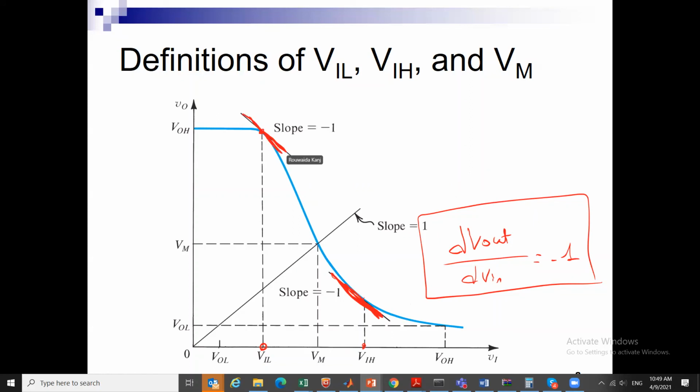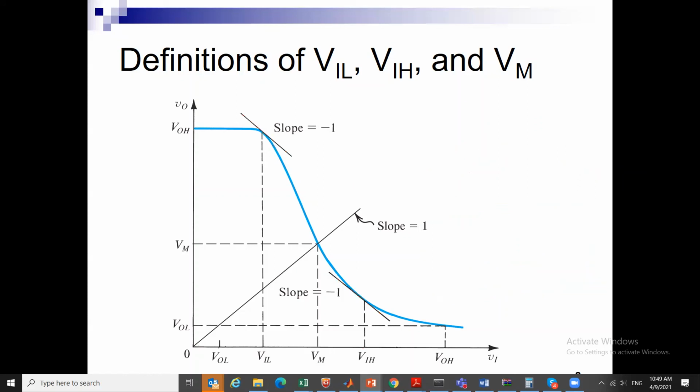These points represent the boundary of the low gain region within which I can operate, and they are functions of the circuit elements. That means they are functions of the transistor width, of K prime, of VT, and the resistor that I put, and stuff like that. So these are set by design. For a specific design, I can find a specific set of points VIL and VIH.